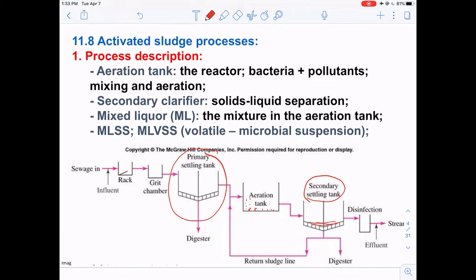And then we know that since a lot of these microorganisms are already populated themselves, the settled particles are going to mainly be composed of the microorganisms. And that's why we call these solids the activated sludge. So although it's a sludge, it contains a lot of microorganisms.